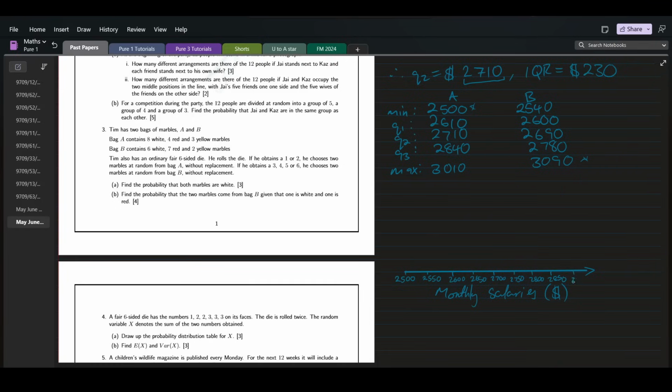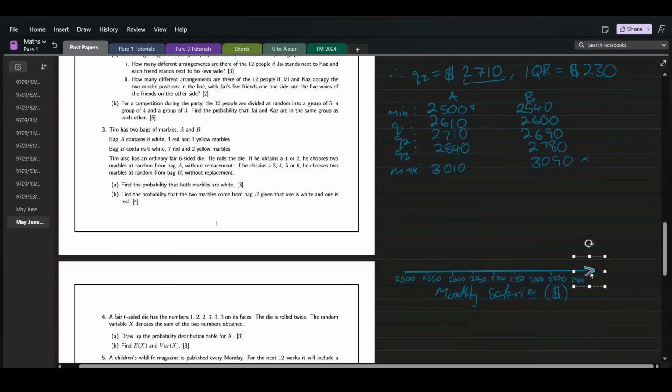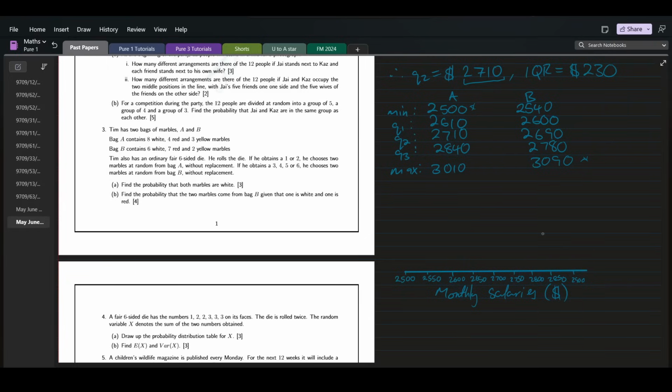This is 2900. Okay, so let's expand our x-axis here. So we want it to be a bit longer. So this here would be 3000, and then 3050, and then 3100.